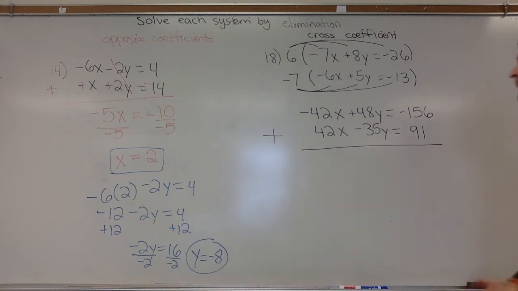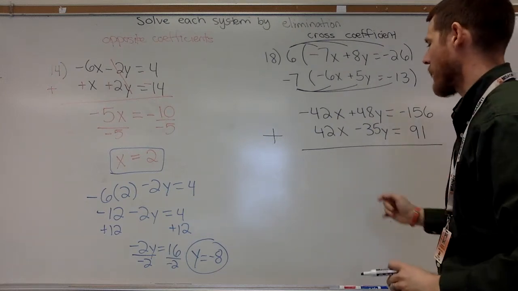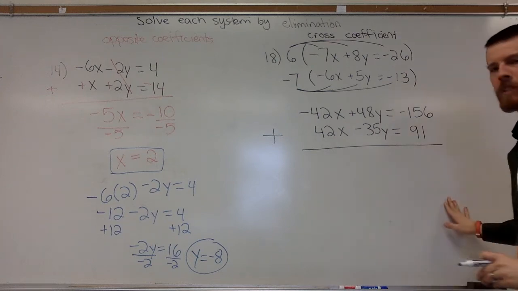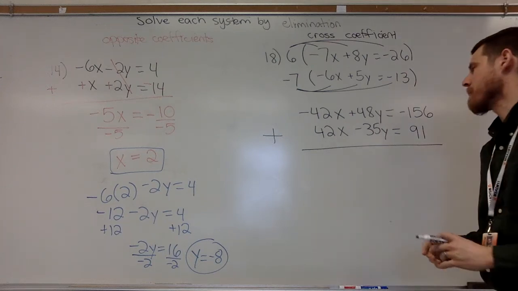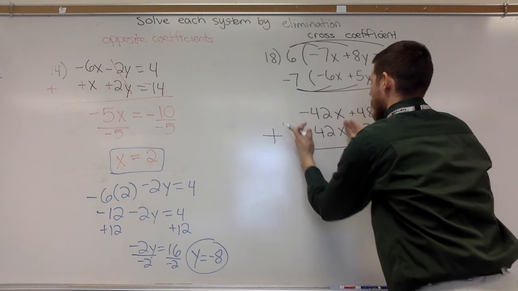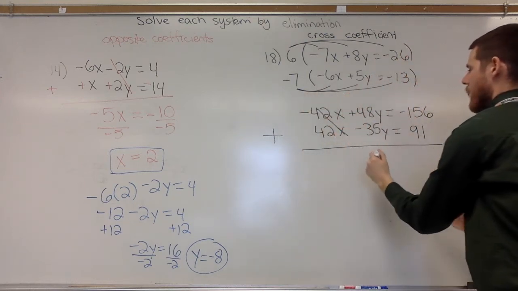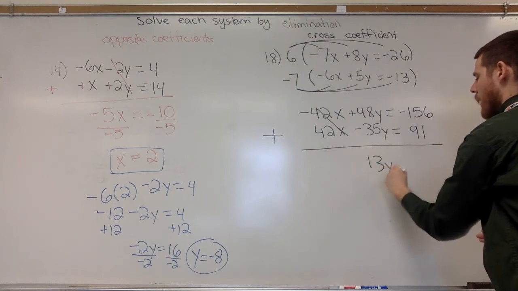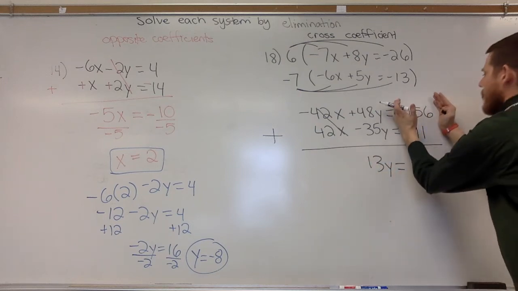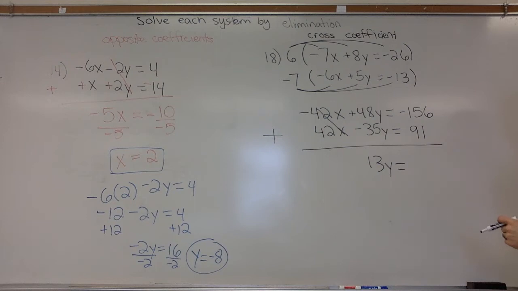And I kind of call this the cash drawer approach. You know, you separate your 1s, your 5s, your 10s when you're counting money. Well, we're going to do the same thing. We're going to count all of our x's together. Cancels out. Then we're going to count all of our y's together. I have 13y. And then I'm going to count all of my number constants together.